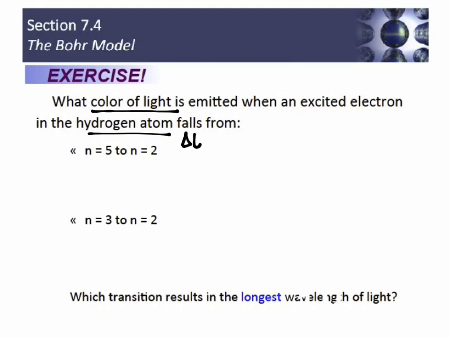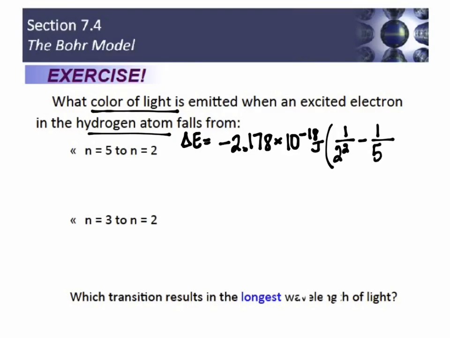So delta E is equal to negative 2.178 times 10 to the negative 18 joules, times 1 over, our final is 2, so that's 2 squared, minus 1 over our initial, which is 5 squared.